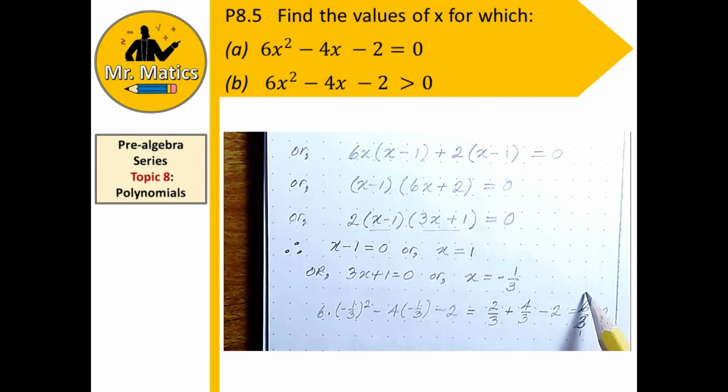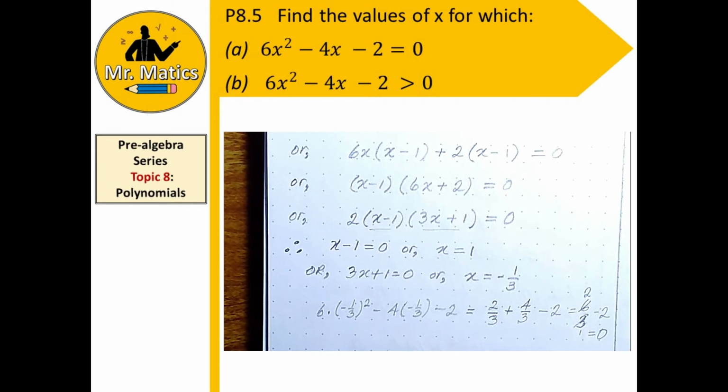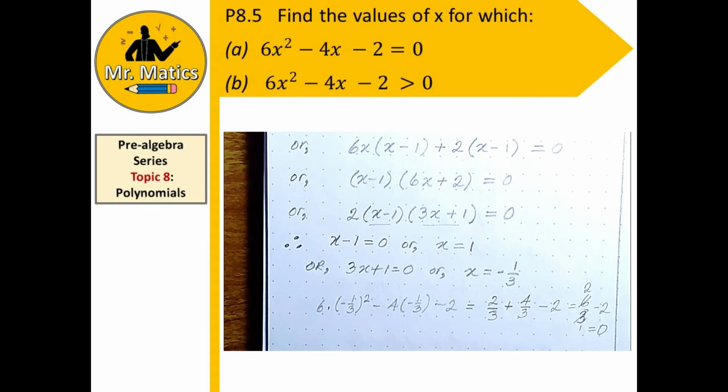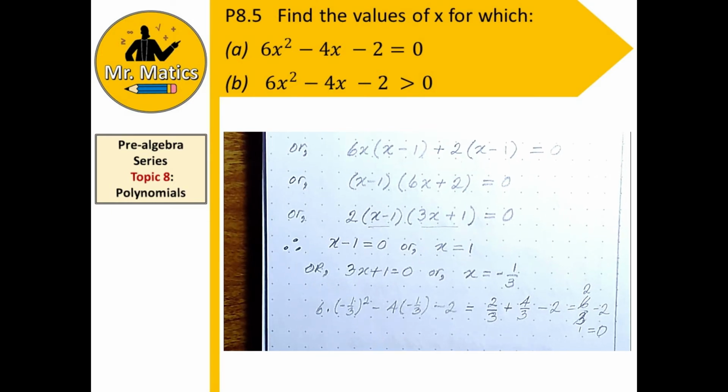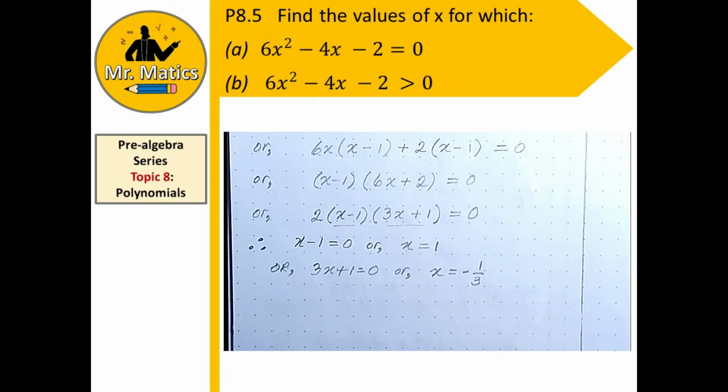That will result in 2 over 1. So it is 2 minus 2, which we know is 0. So this checks out. So both 1 and minus 1/3 will give you the expression 0. So those are the legitimate solutions from these two factors.